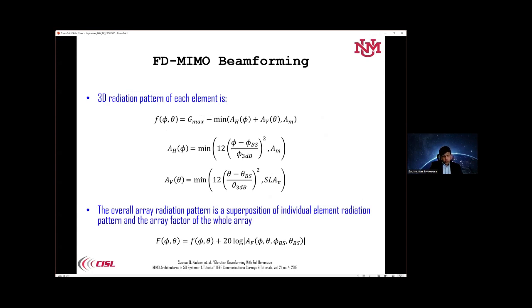Now, for the individual element radiation pattern, you can use different models. For example, some use either the cube of the cosine or higher powers of the cosine. But simpler models in literature use polynomials as in these equations.